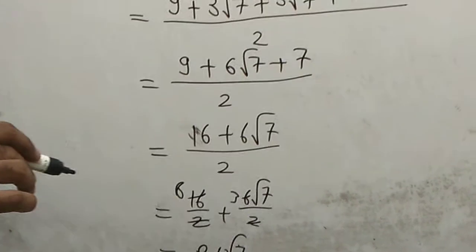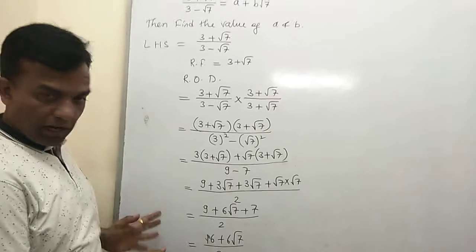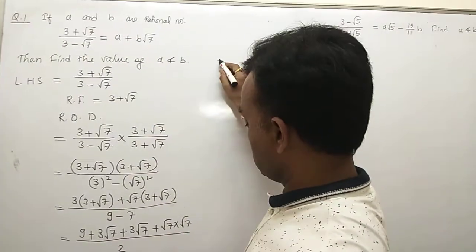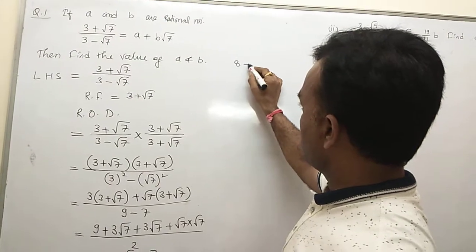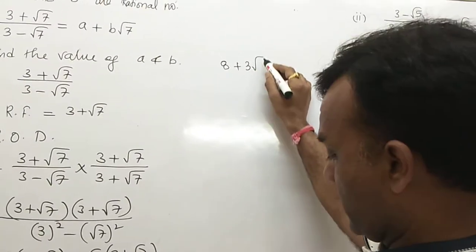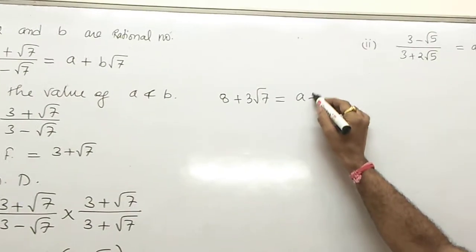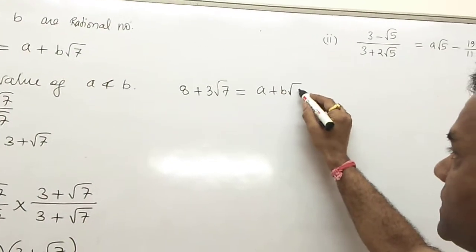Then we got the LHS, the left hand side. After simplifying, you write down here the LHS is 8 plus 3 root 7, and on the right hand side we have a plus b root 7.